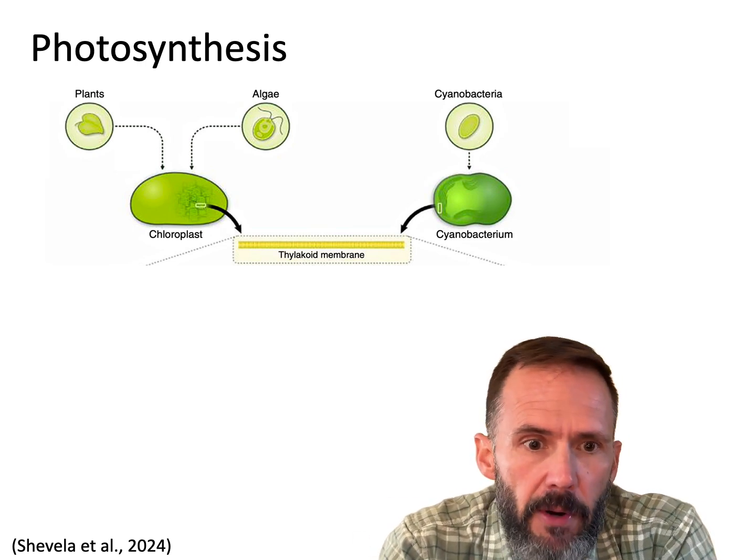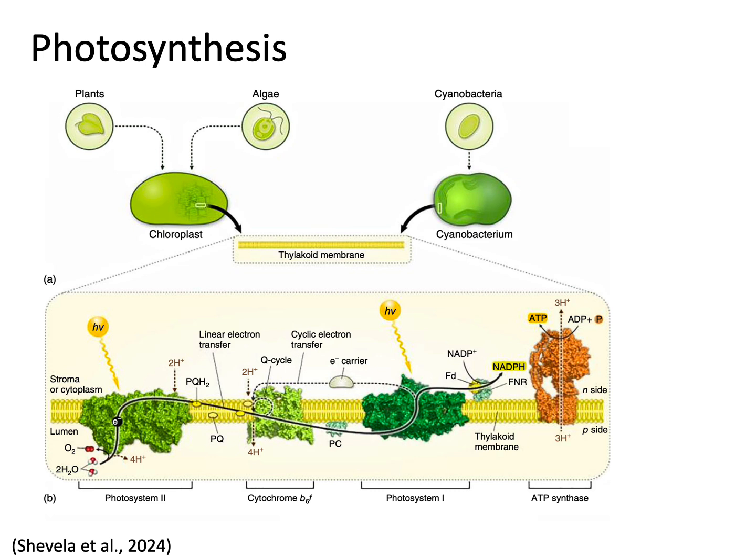So they have these membranes, and then within the membranes, there's these different complexes that can absorb the energy from photons, and that bumps specific electrons into higher energy states.